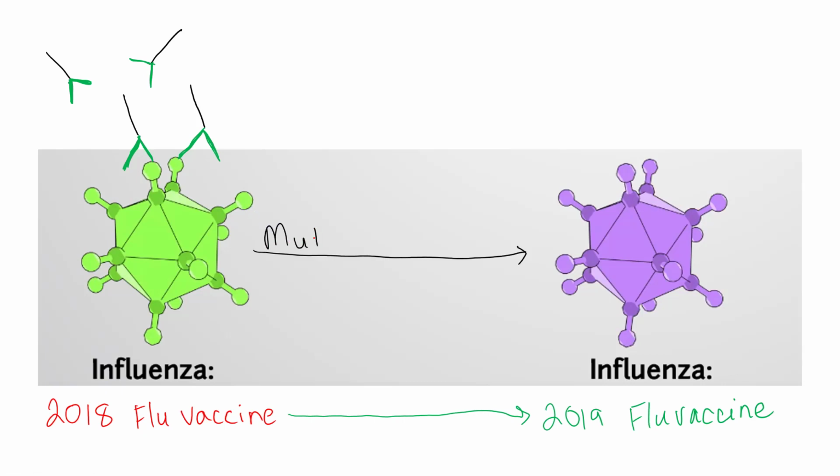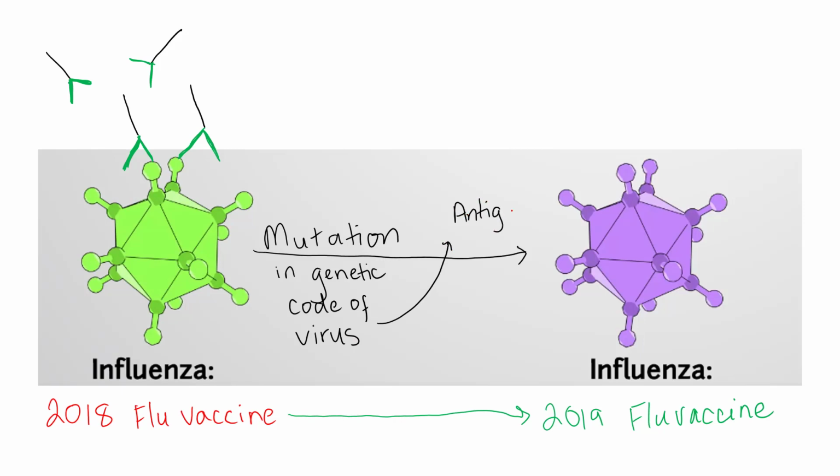We've studied together. So that means that there's mutation in the genetic code of the virus, and then that leads to antigenic variation.